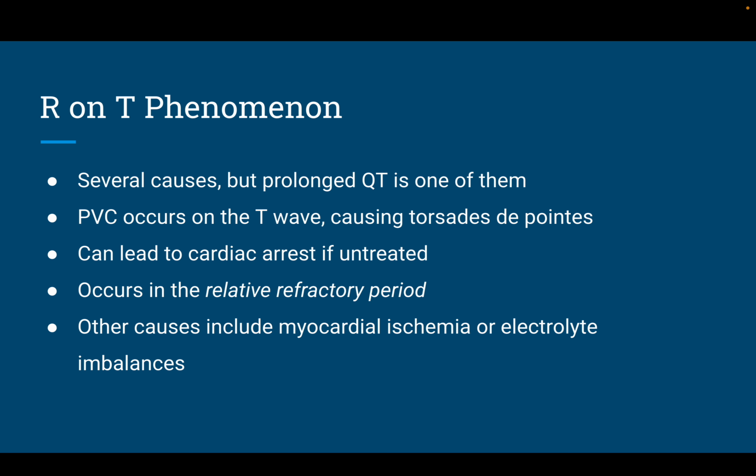So this can lead to cardiac arrest if untreated. You usually do not self-convert out of torsades, and it occurs in the relative refractory period. Electrolyte imbalances or myocardial ischemia are two other causes, but again, just hammering home the mag sulfate, if you do see torsades, might be able to reverse that.